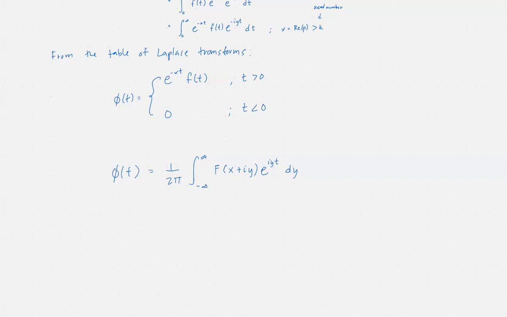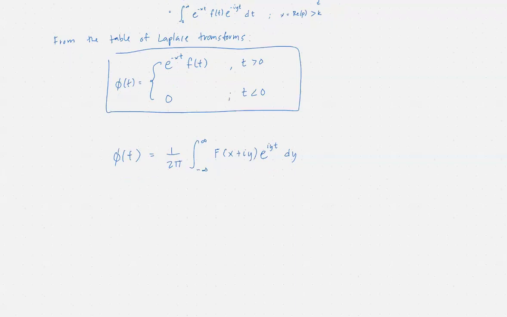If we use this definition, plugging it in to, for example, the one that we want to find, which is just small f of t, this is just equal to e raised to xt times 1 over 2 pi integral from negative infinity to infinity capital F of x plus iy times e raised to iyt dy.